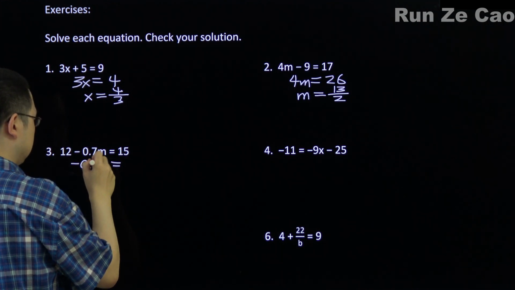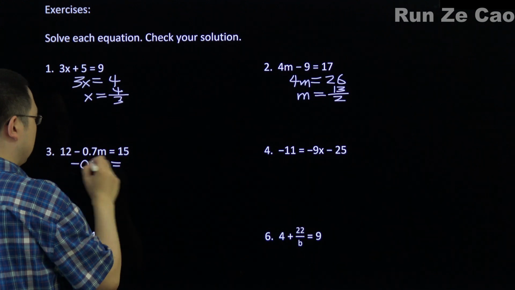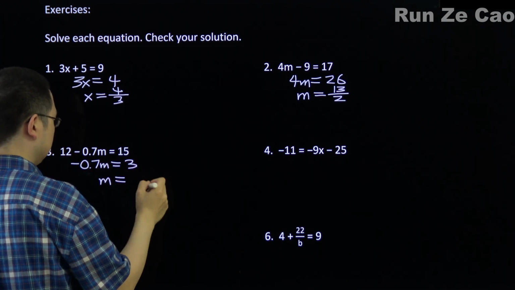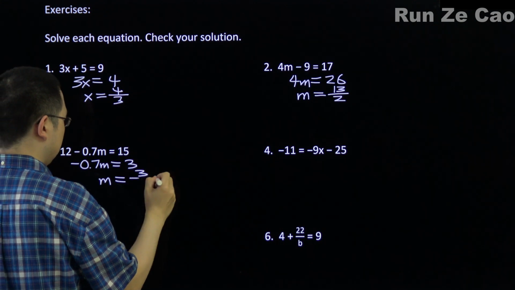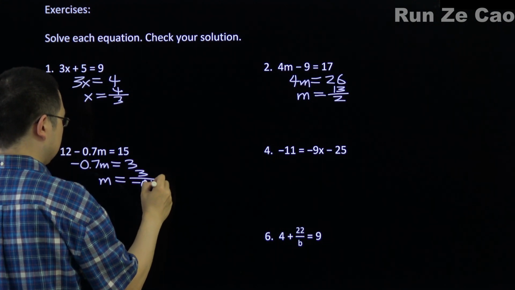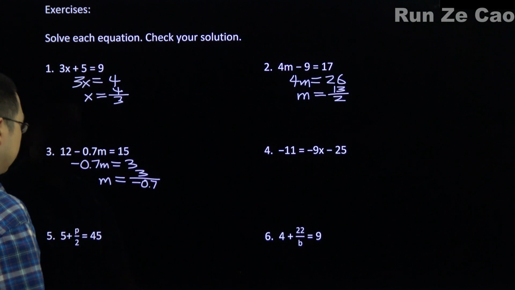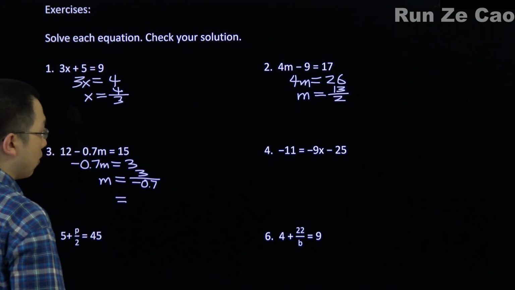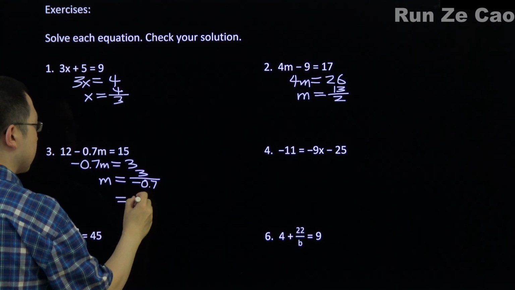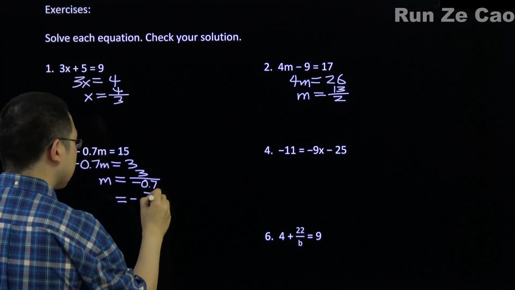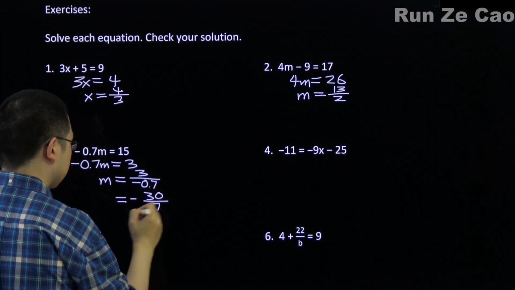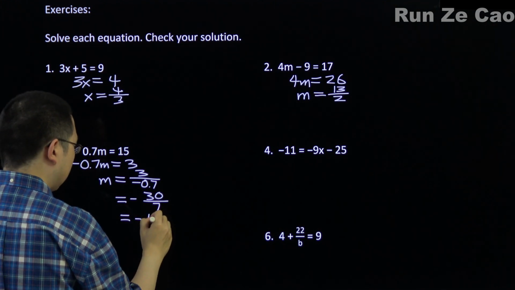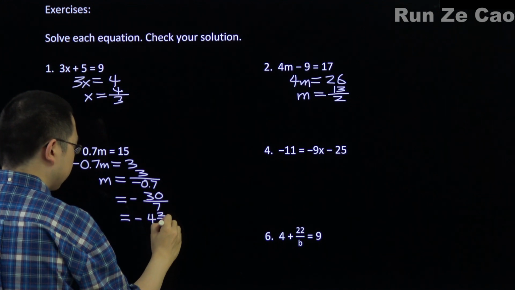Negative 0.7m is equal to 3. M is equal to 3 over negative 0.7, which is equal to negative 30 over 7. Therefore, negative 4 and 2 over 7.